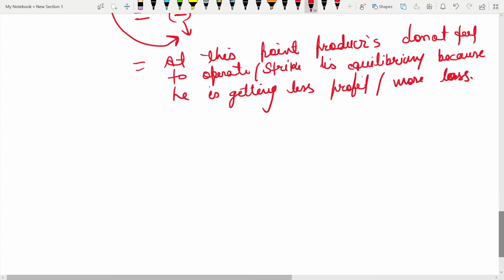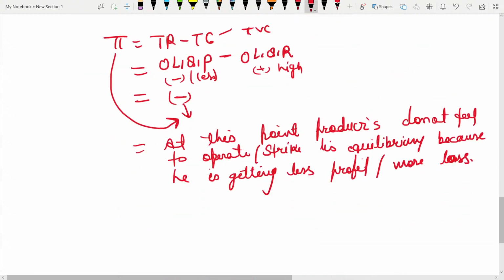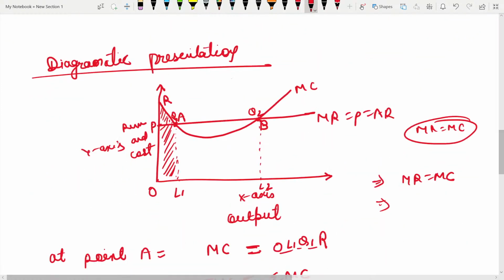And now, why at this point? What happens if the producer wants to operate or strike his equilibrium at point B? Now let's see at point B. At point B, we can see that this is MC.